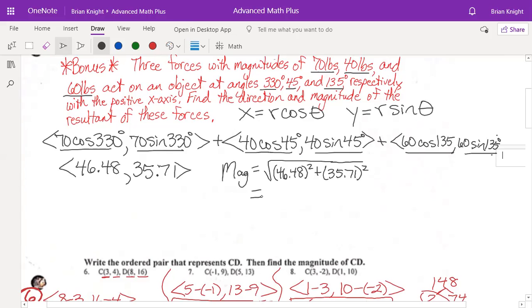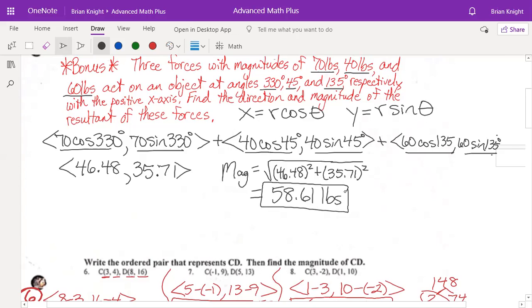Let me see if that's right. Yeah, that's what I got. That's a good sign if most of us are getting the same thing. 58.61 what? Pounds. 58.61 pounds would be our magnitude because that's what my magnitude was measured in the problem.